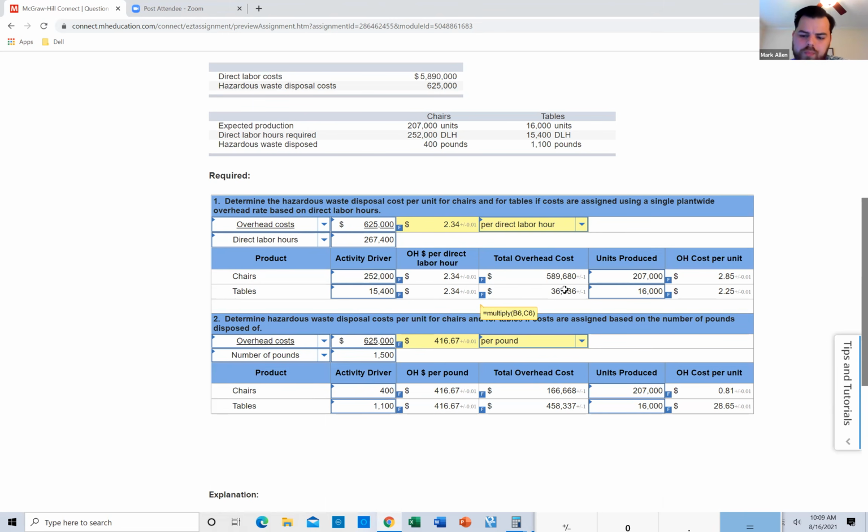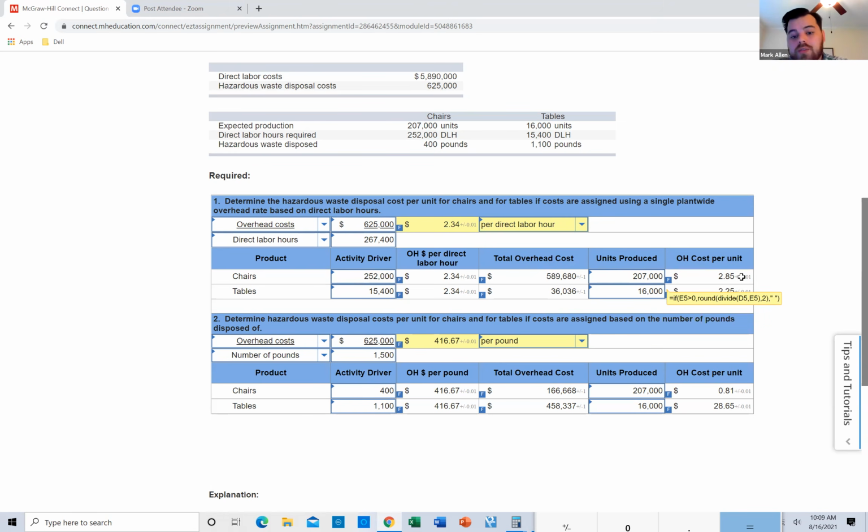So we're seeing $589,680 worth of overhead cost being assigned to the chairs, with $36,000 being assigned to the tables. Over 207,000 chairs and 16,000 tables comes out to a roughly even split, with actually slightly more on a per unit basis being assigned to the chairs.